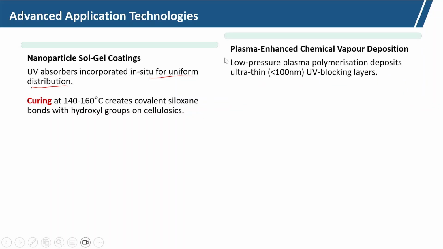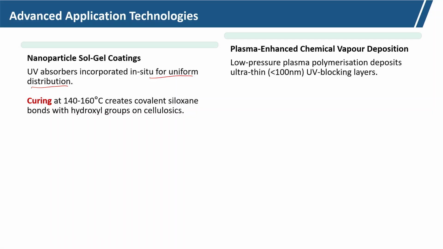And the next technology is plasma enhanced chemical vapor deposition, like CVD. So, chemical vapor deposition at a low pressure plasma, that plasma polymerization deposits ultra thin UV blocker layers.